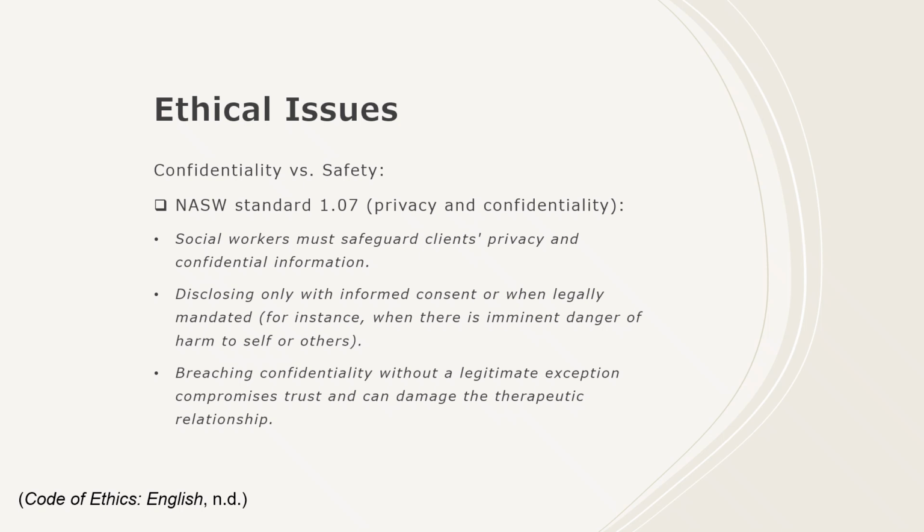For example, if there's an imminent or immediate danger of harm to self or others by a client, that is something that we have to make sure we inform someone about. However, breaching confidentiality without a legitimate exception can compromise the trust you have with your client and can damage the therapeutic relationship you have with them.